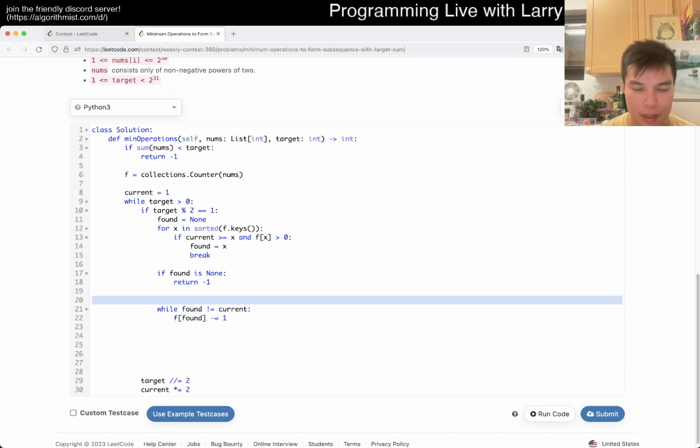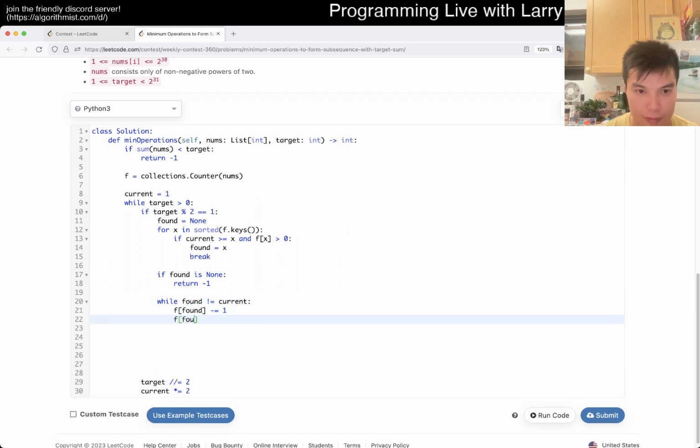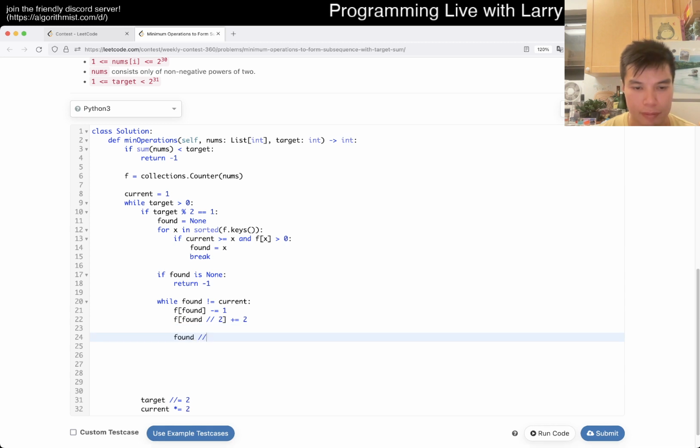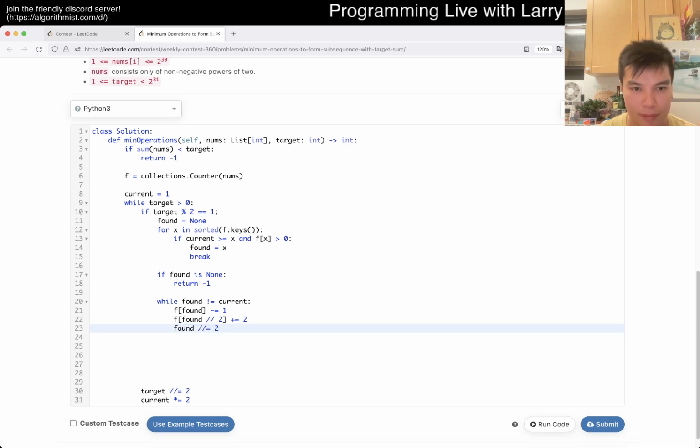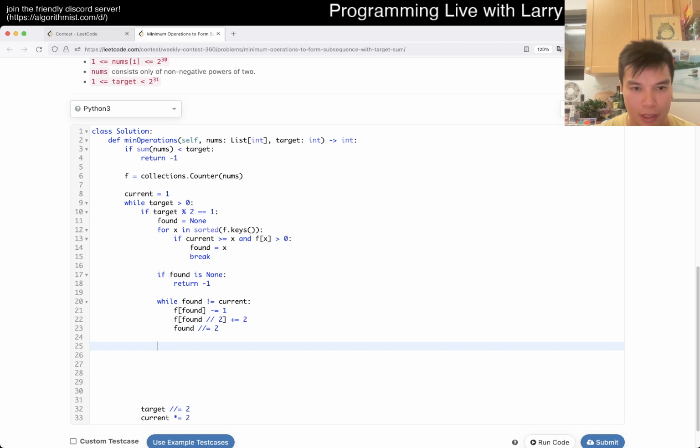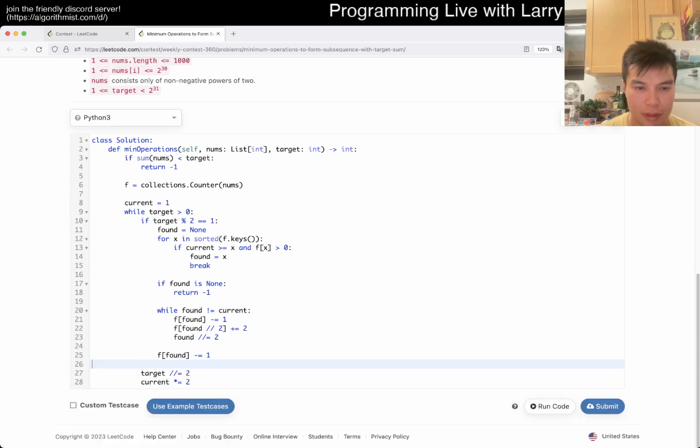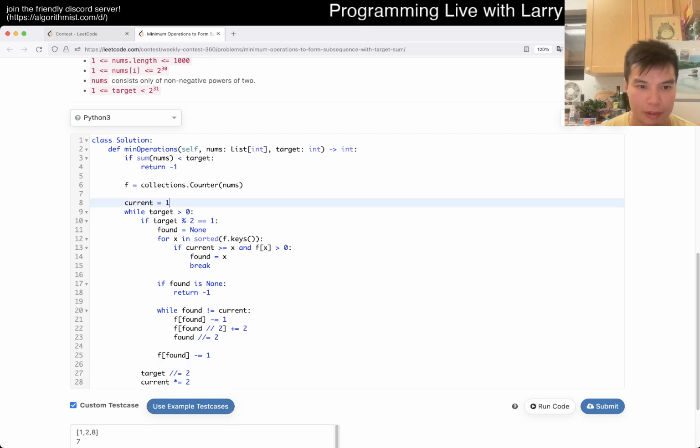If the found is not... right. Okay, right. So then now found is equal to current. So then f of found 1, and then that's it. Or operations, I suppose.